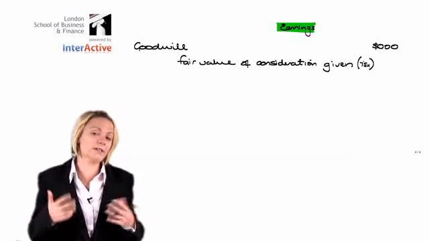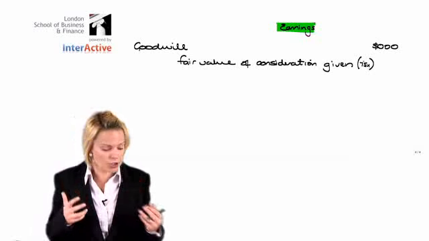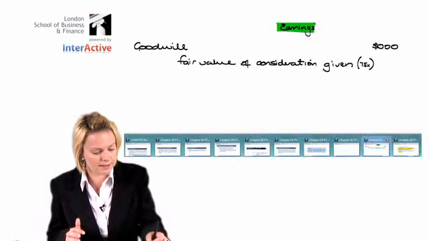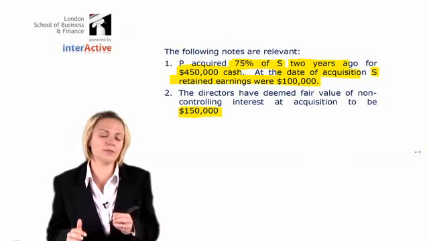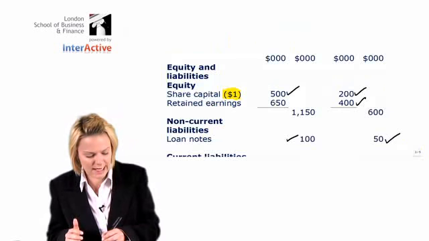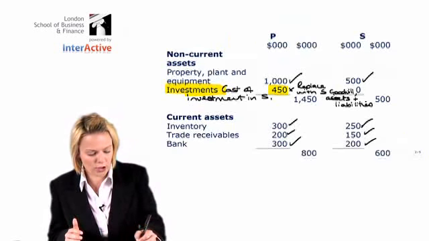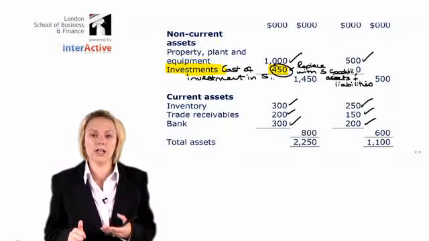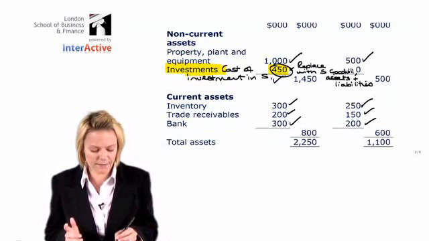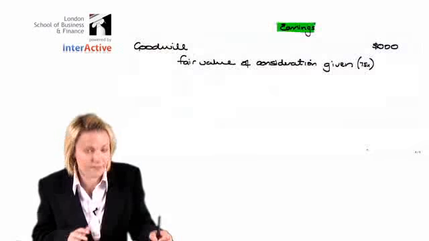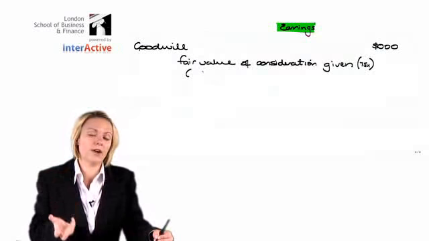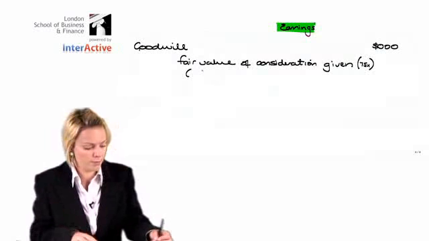Well, we acquired 75% and it cost us $450,000 in cash. Notice that's the same figure under non-current assets. And we're going to use that figure now and tick it off. Fair value of consideration given is sometimes known as cost of investment. Okay? But it's a value today and what we paid, what we gave in order for 75% of the shares in the sub.